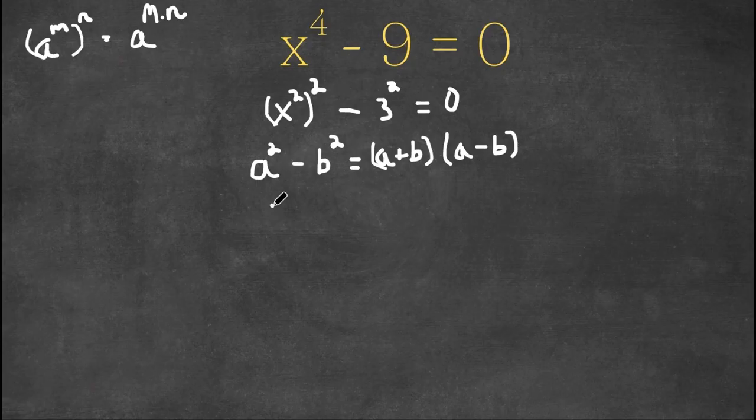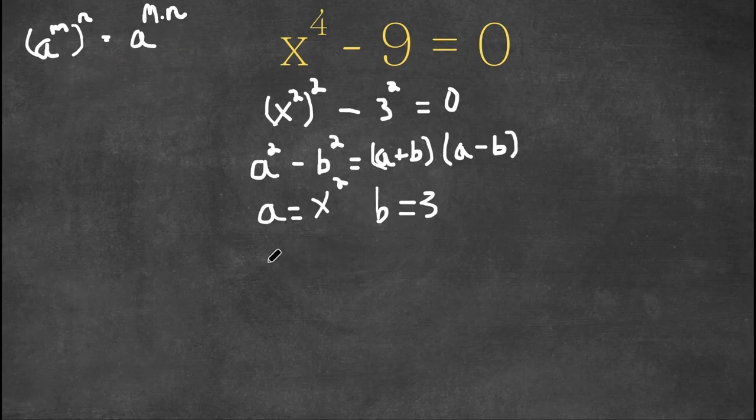In this case, a is equal to x squared, and b is equal to 3. So we have x squared to the power of 2 minus 3 squared, which is also a squared minus b squared. All we have to do is plug in a and b into our expression, a plus b times a minus b.